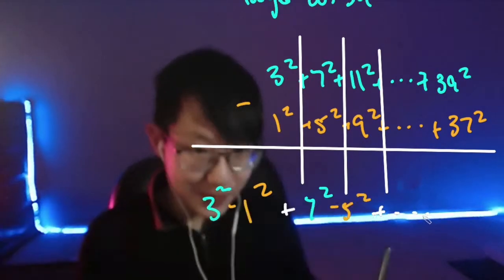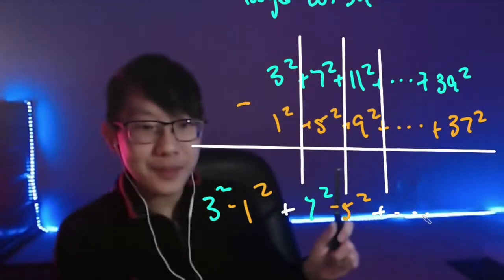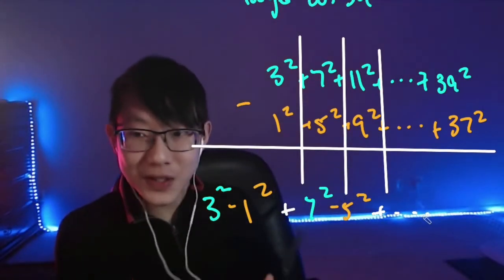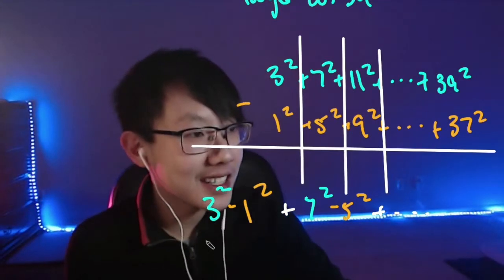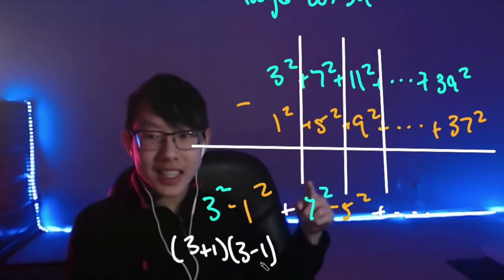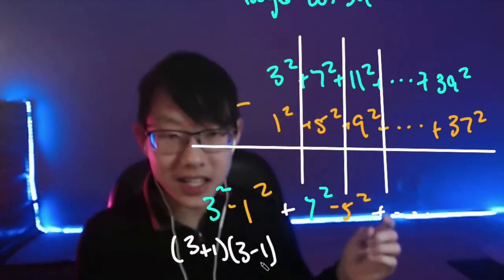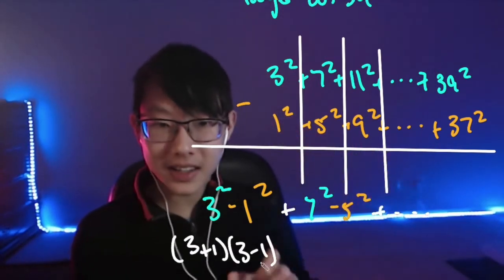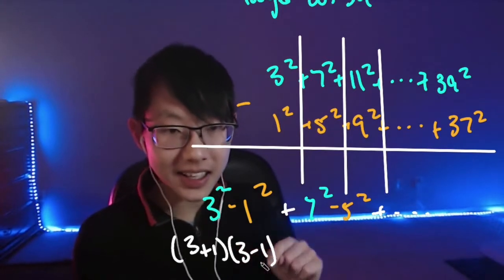Since we have a difference of squares, let's just do difference of squares. This is going to be 3 plus 1 times 3 minus 1. If you don't know what I'm doing, it's basically a squared minus b squared in general factoring out like so.